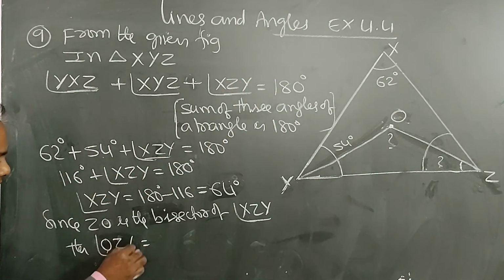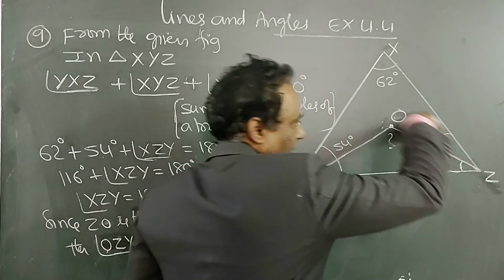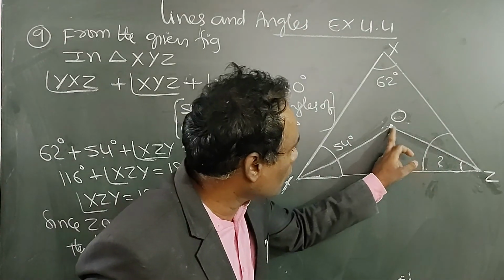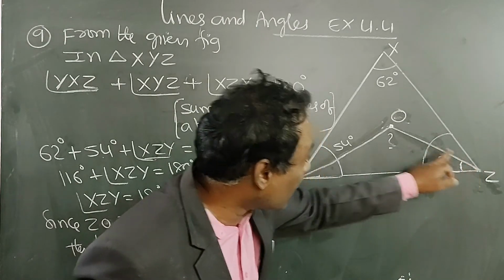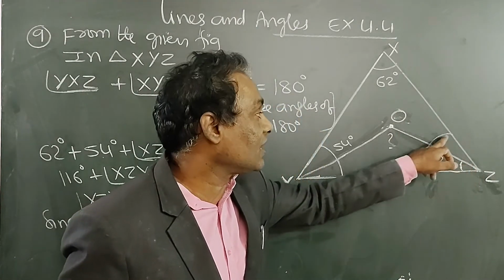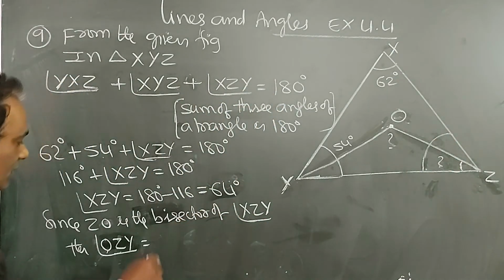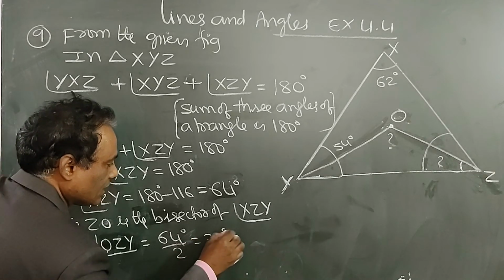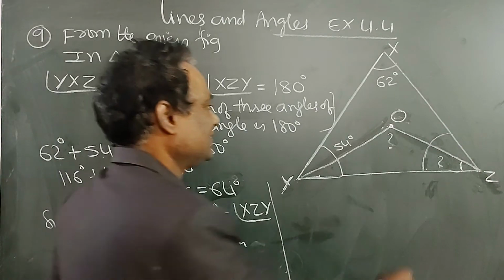Both are the same. We can start from here or from this side. So what is this small angle OZY? Because it is a bisector, angle bisector means divides the angle into two equal parts. This total we got as 64. This divided by 2, so 32 degrees is the answer. We got this angle.